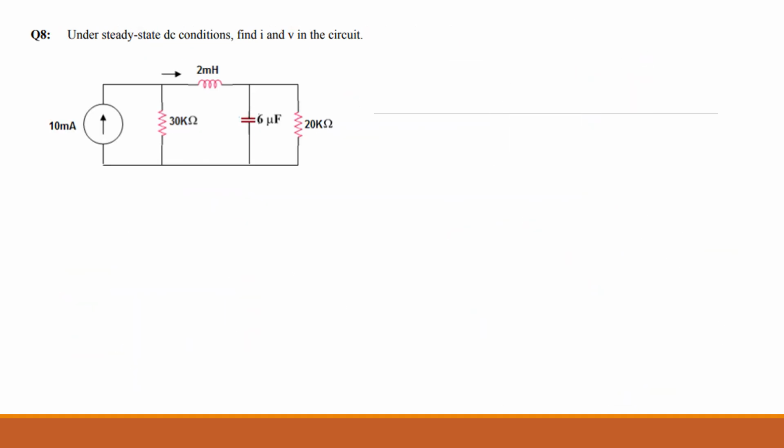Okay, I want you to do the same here, and I'll give you a few minutes. So in this question, you need to draw the DC circuit first and find the current across the capacitor, current across the inductor and the voltage across the capacitor. Okay, so when we draw the circuit under the DC condition, what should be the circuit?